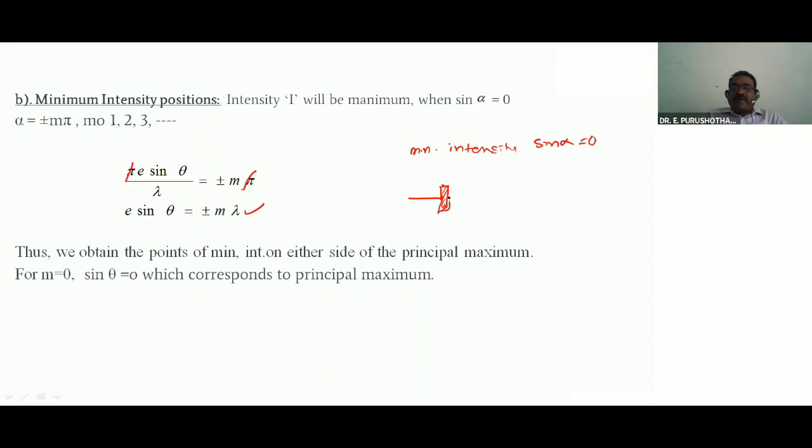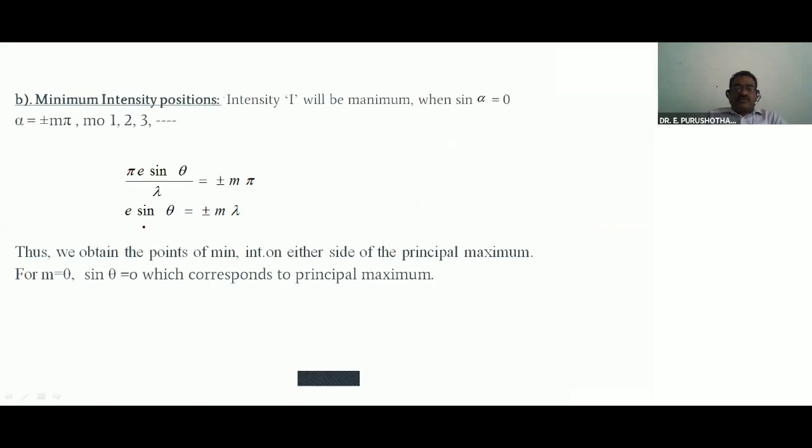Remaining, this is principal maxima, on either side. You observe here, we obtain the points of minimum intensity on either side of the principal maxima. For example, here the principal maxima is there. This is the principal maxima. So this side and this side, it has minimum intensity images.